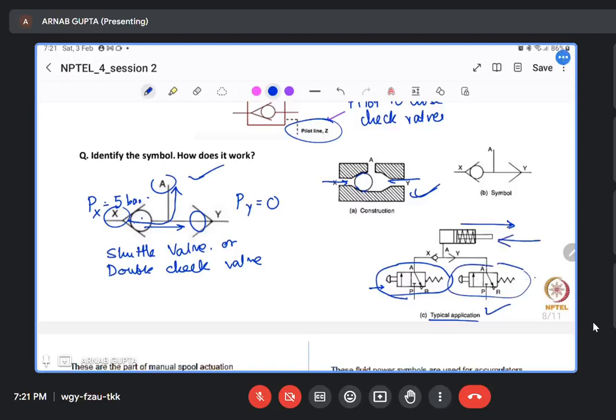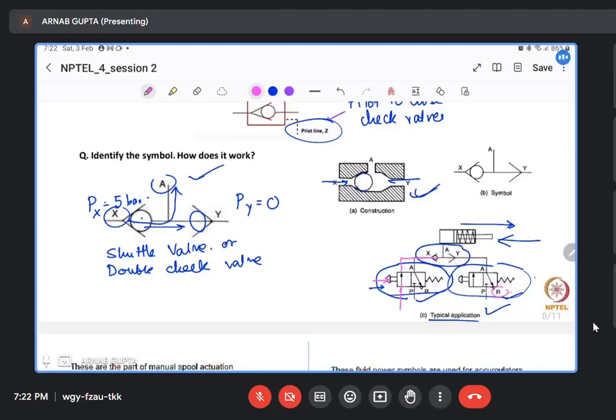So these are basically direction control valves, and this is your shuttle valve. As you are pressing this, the pressure line will be here. It will go through here, whereas this is connected to the tank line, the return line.